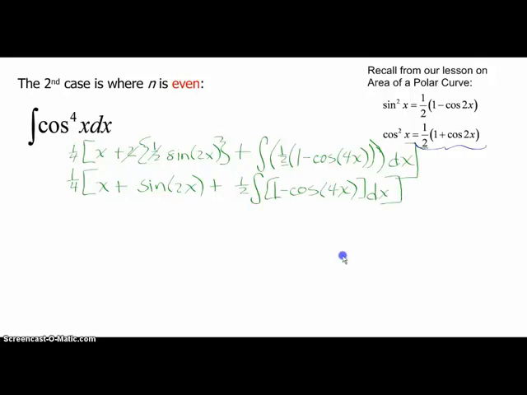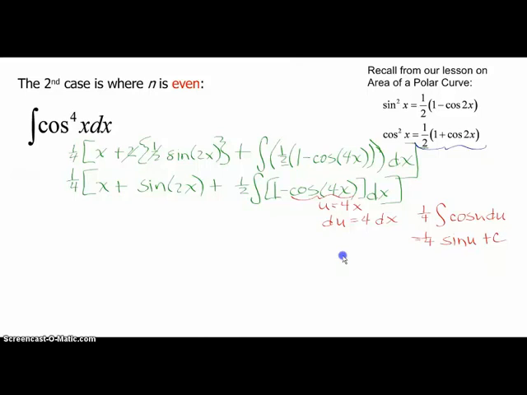And I want you to see that this now is a u substitution where u is 4x, du is 4 dx, so I can completely rewrite just this term here, the cosine of u du. So the antiderivative here would be the sine of u plus c.